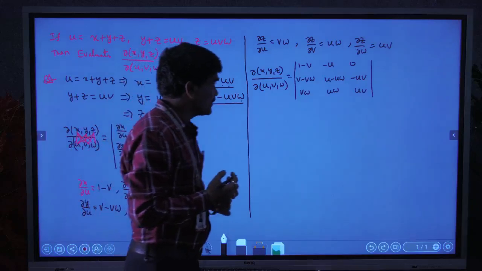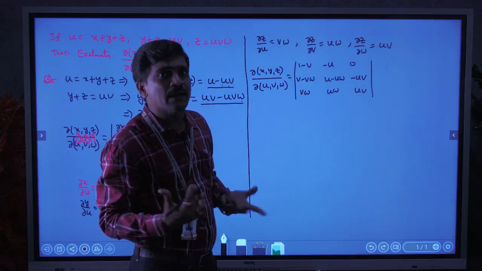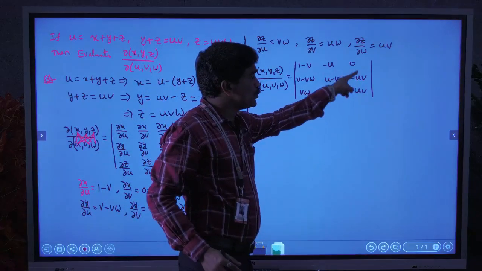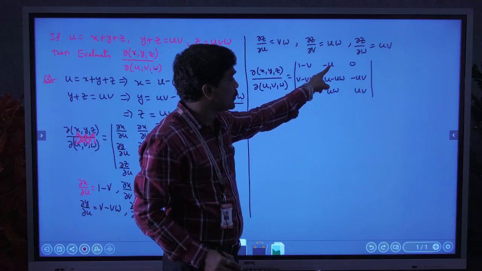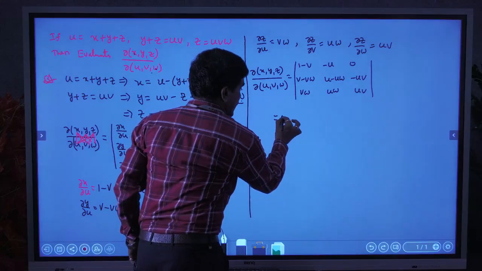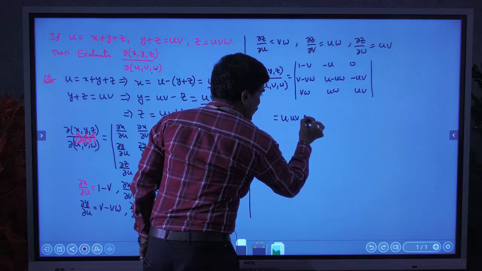To calculate the determinant, first of all take any common value in a row or a column. So in the third column we have uv as the common value. In the second column also we have u as a common value, right? So now take u common in the second column, and in the third column we have uv.